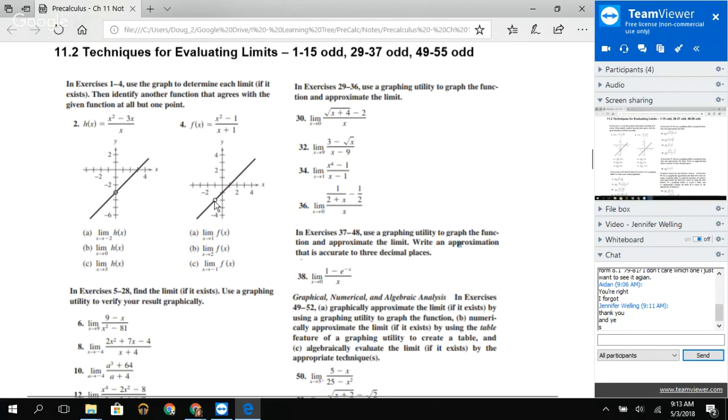Well, if I really would graph this, there's a hole in my graph right here when x equals -1, because there is not a value for that function at x equals -1. But I can look based on the values that are approaching -1 from both the right and the left. I can see that the limit as x approaches -1 is -2.